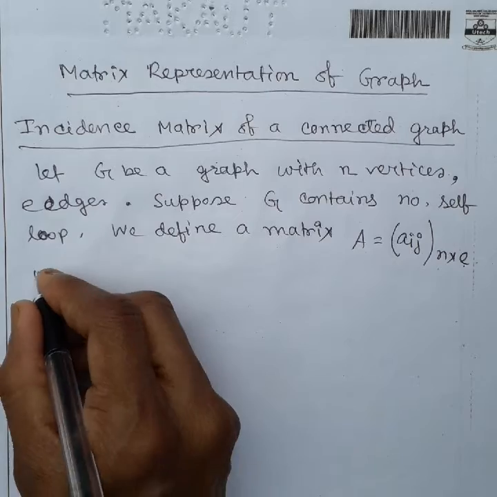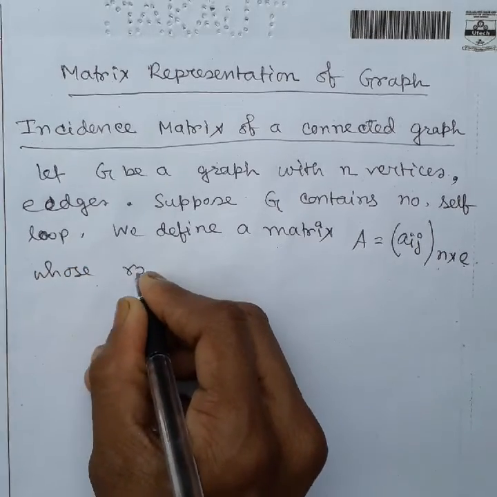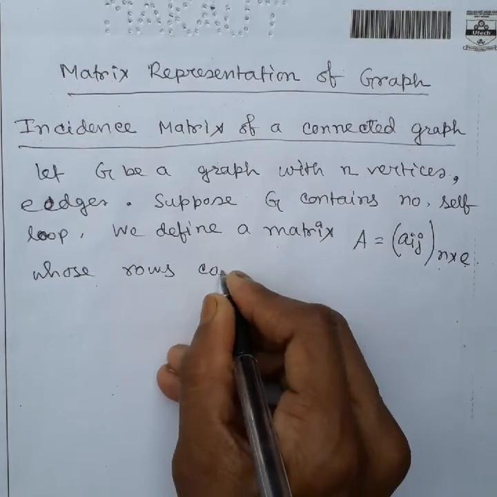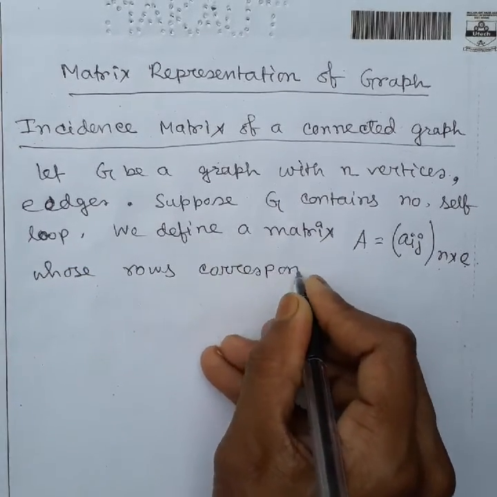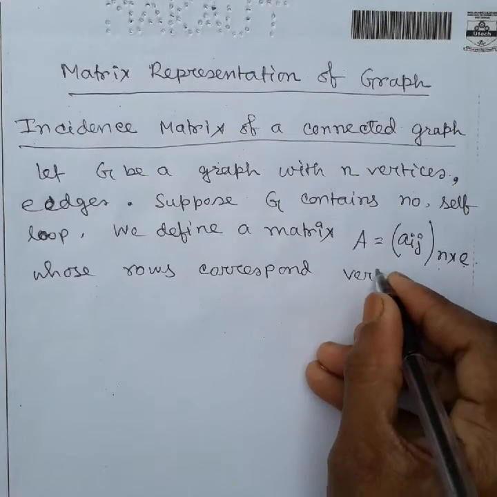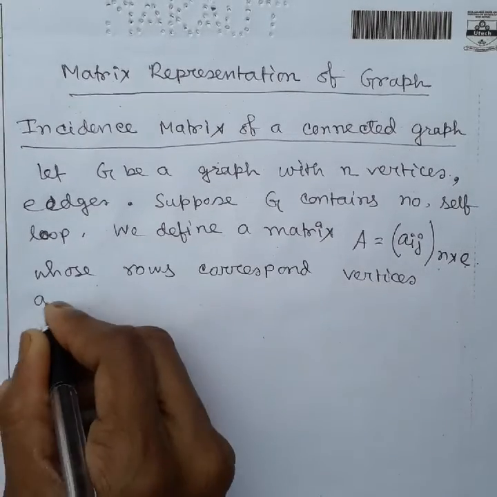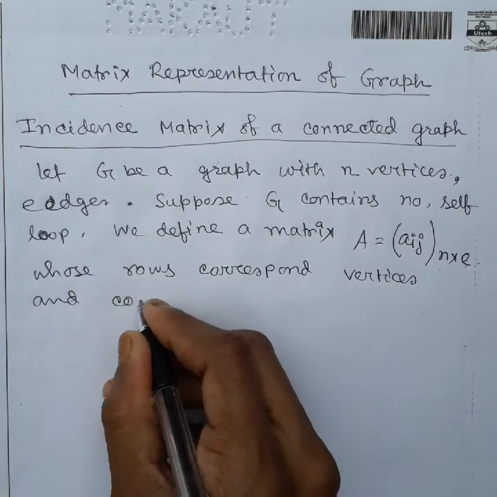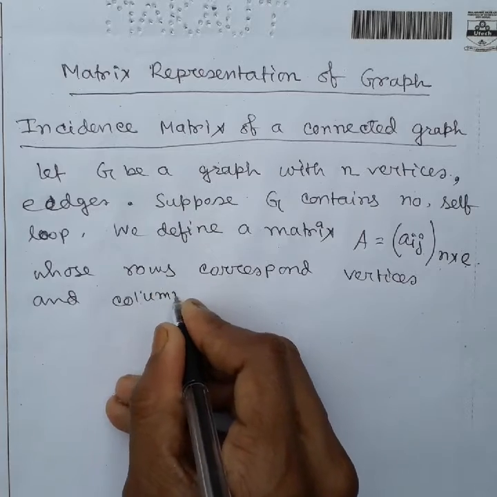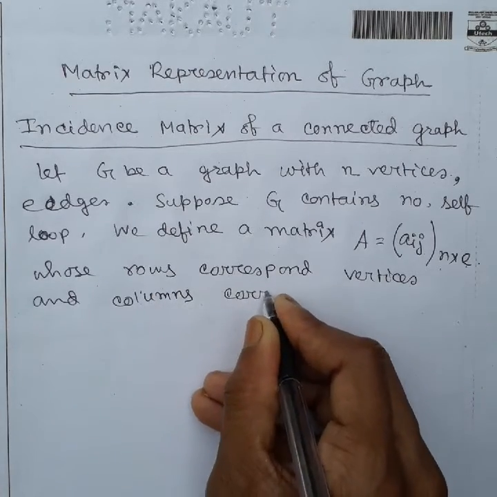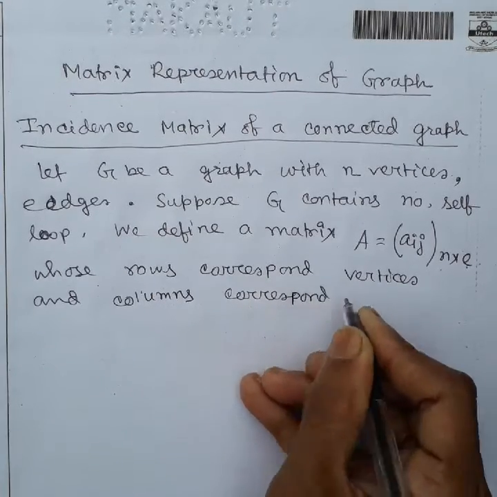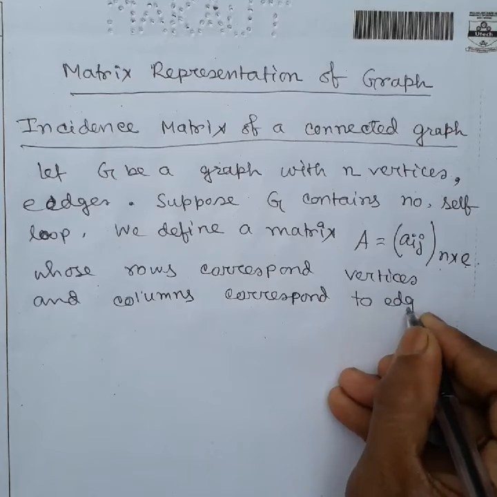So its rows correspond to vertices and columns correspond to edges.